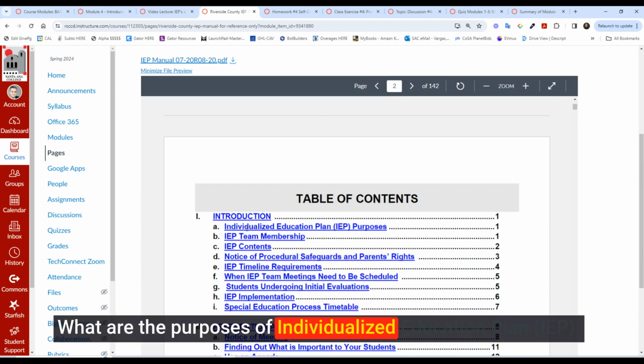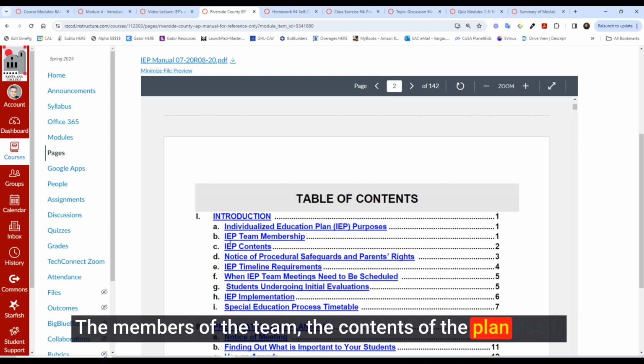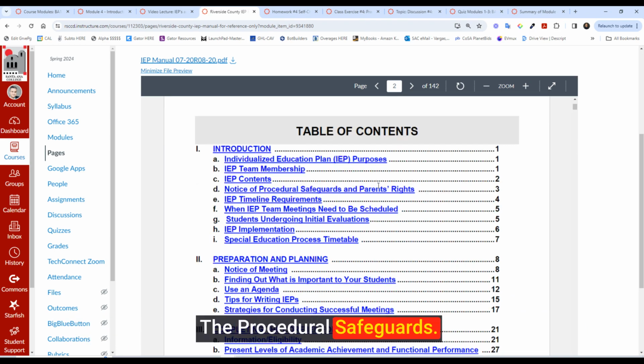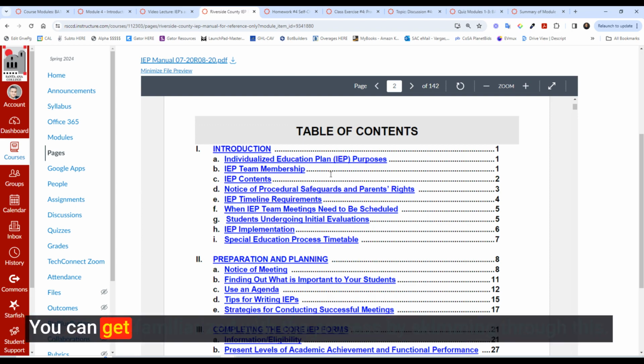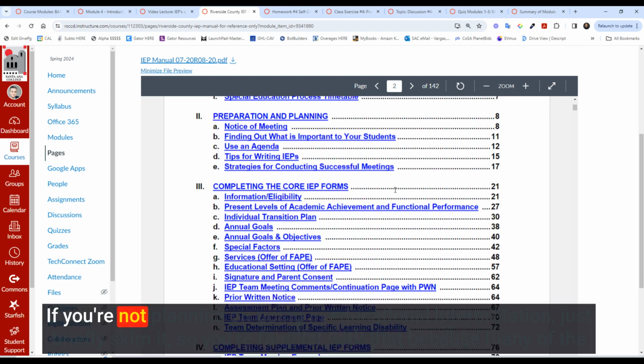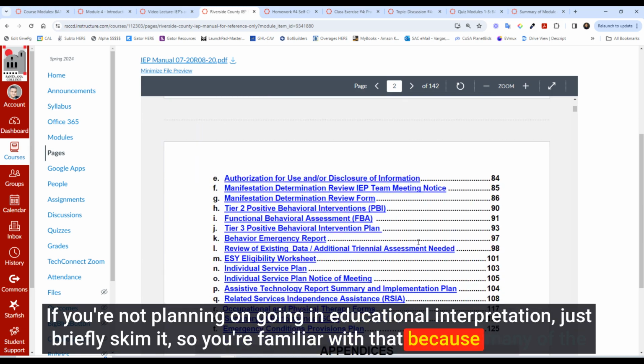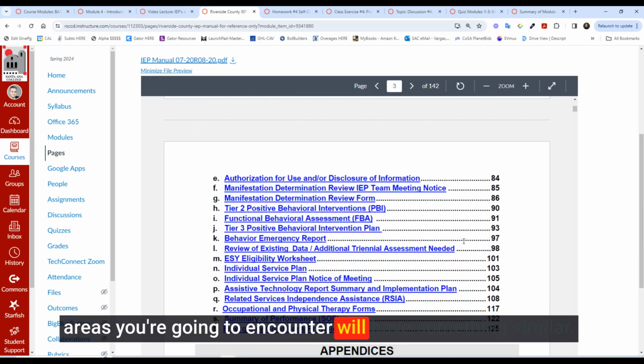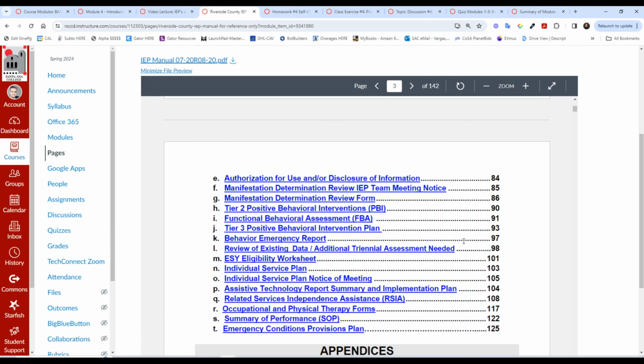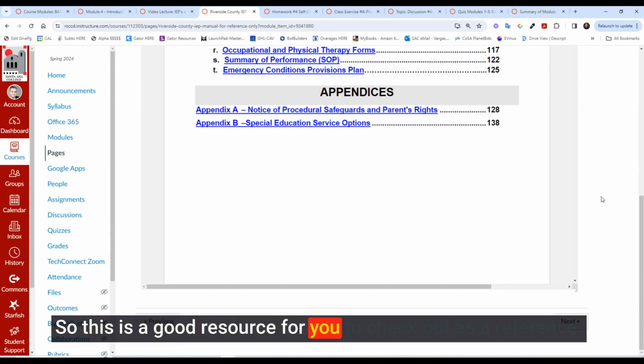What are the purposes of the Individualized Education Plan, IEP, the members of the team, the contents of the plan itself, the procedural safeguards, timeline requirements. You can get familiarized with the process by skimming through this. If you're not planning on going in educational interpretation, just briefly skim it so you're familiar with that, because many of the areas you're going to encounter will have something similar. So this is a good resource for you to check out as a reference.